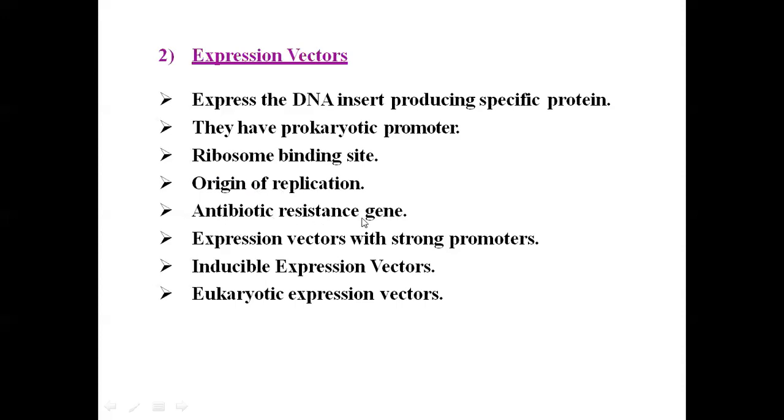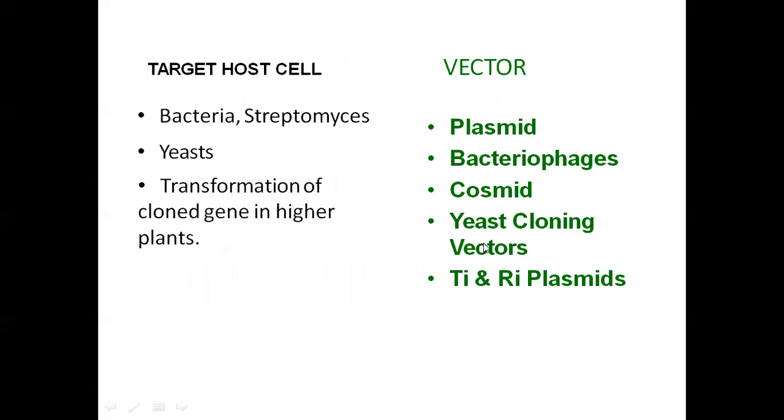An antibiotic resistance gene as a marker gene, so that you can check whether the other genes are working or not. Expression vectors with strong promoters; a strong promoter can regulate the activity of the gene. Inducible expression vector and eukaryotic expression vector are some examples. So now it's all about vector and the target cell.